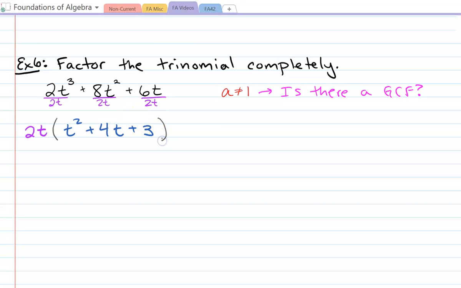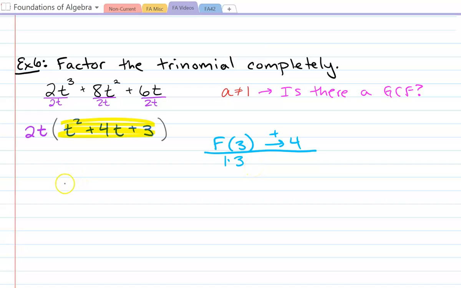This is wonderful because this is now a form that we recognize. We can do this. So factors of 3 that add to 4. Well, 3 only has 2 possible factor pairs, 1 times 3, and negative 1 times negative 3, but we add to a positive 4, so 1 and 3 is it.